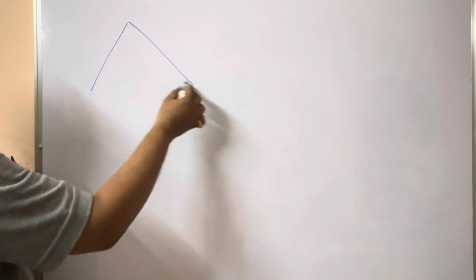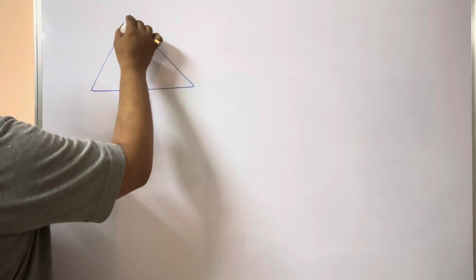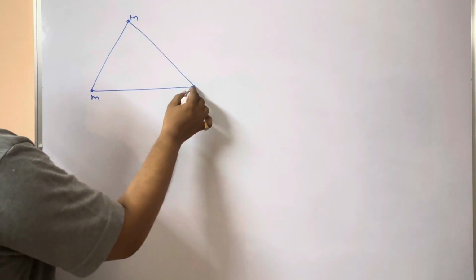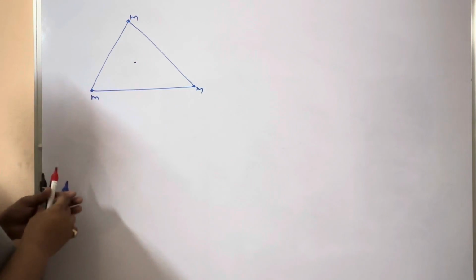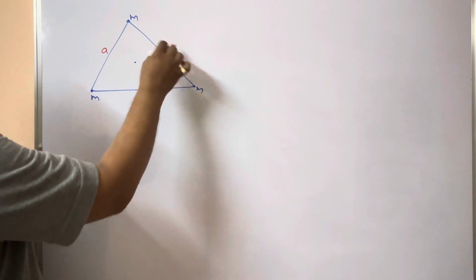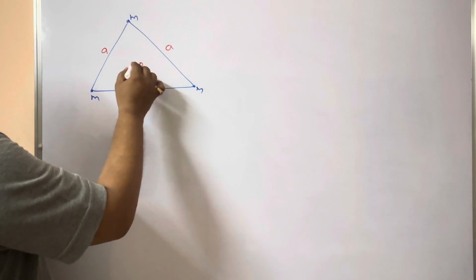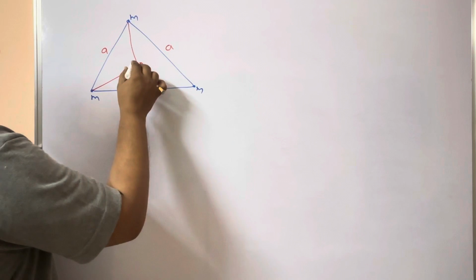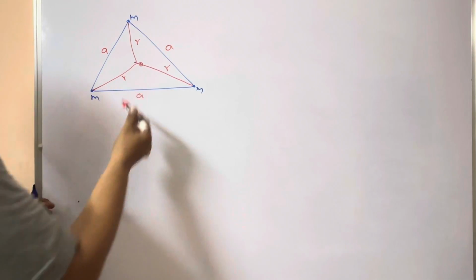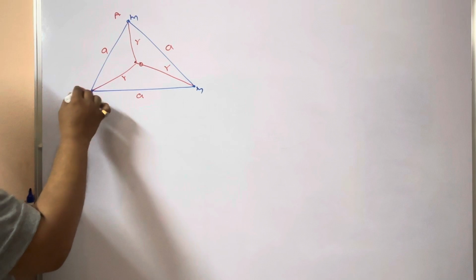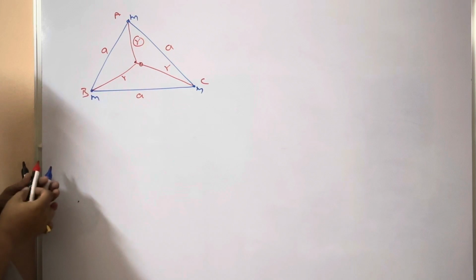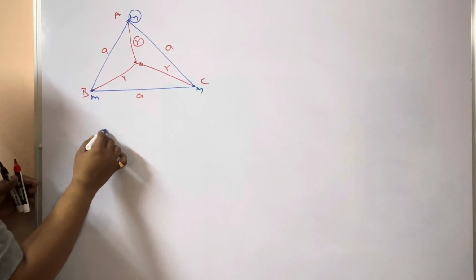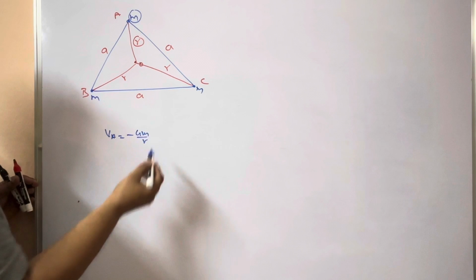Next, if three same masses are placed at three corners, what is the gravitational potential at the center of this equilateral triangle of each side small a? At this center, the distances are small r, small r, small r. So the gravitational potential due to A, B, C: VA is equal to minus Gm by r.